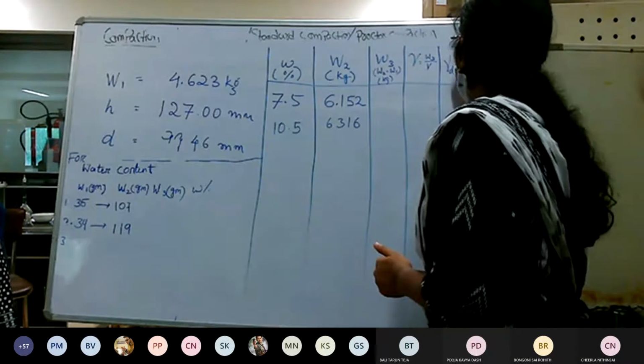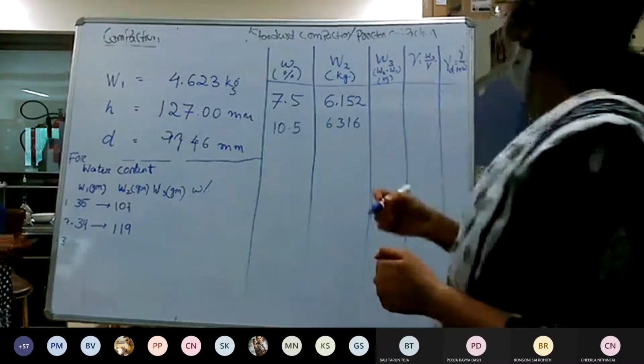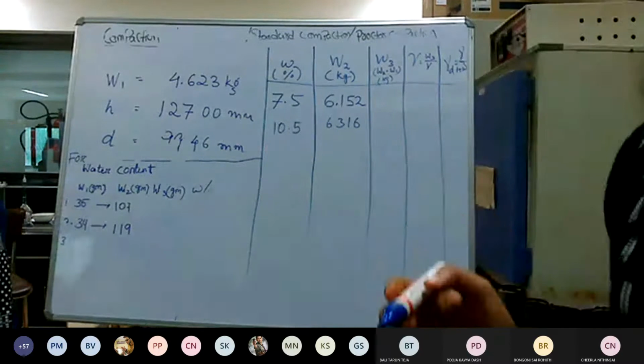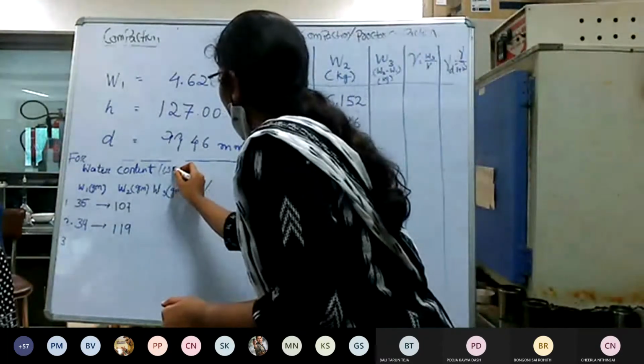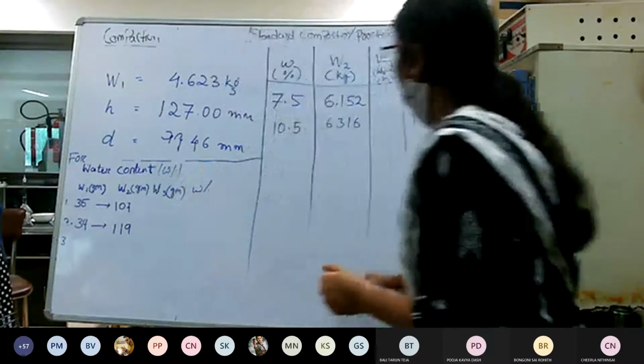So the rest of the readings you need to calculate based on these. So these are for taking water content each time, each trial we are performing the experiment.